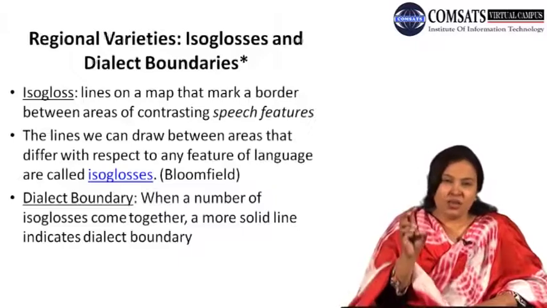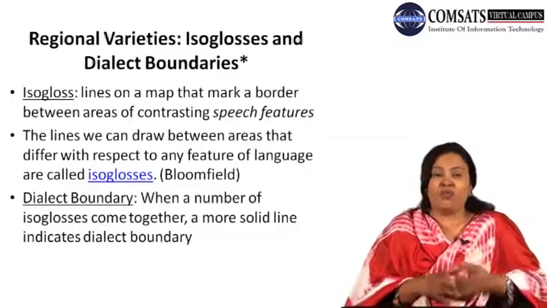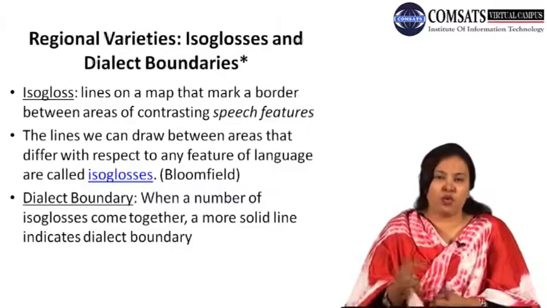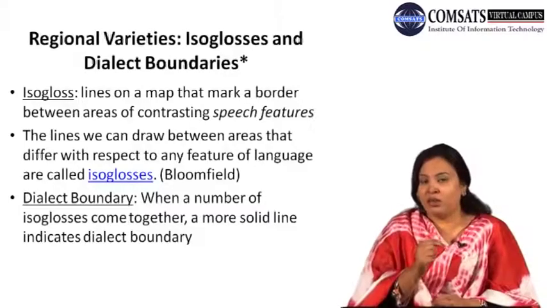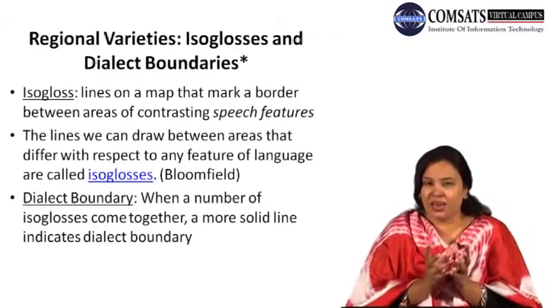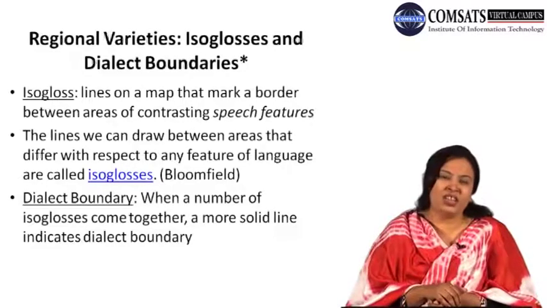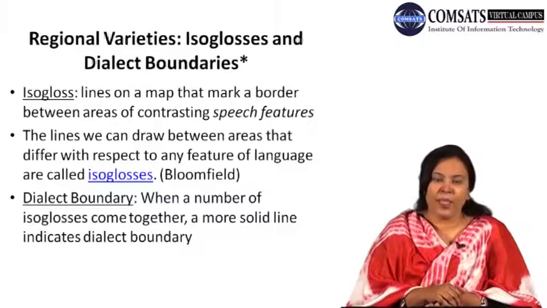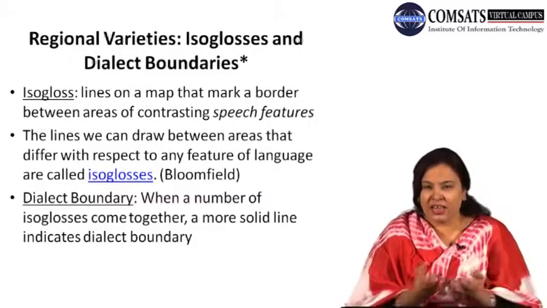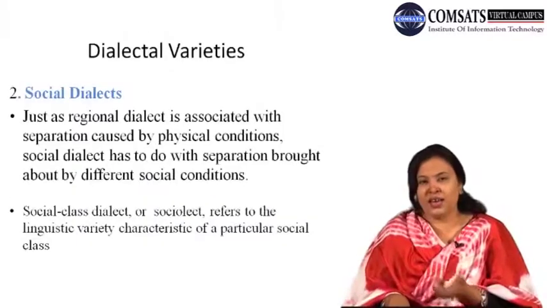Such a weak line is known as an isogloss. And if the differences in two varieties are very strong, then we can draw a bold, clear line, and that bold or clear line is known as a dialect boundary. And usually the dialect boundaries are comprised of a number of isoglosses. So this is the idea of isogloss and dialect boundaries.